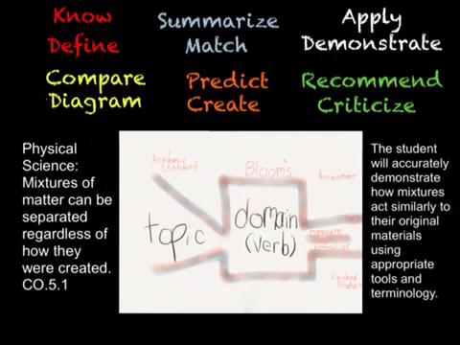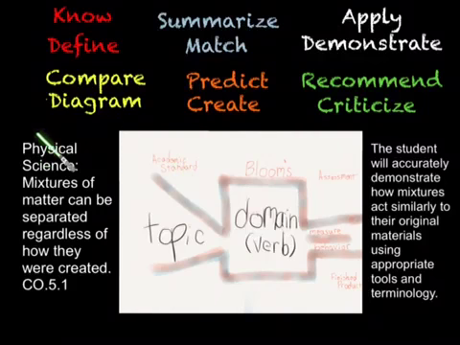Creating objectives using Bloom's taxonomy is kind of like this machine. If we input a topic, this topic comes from the academic standards. So in Colorado, 5th grade's physical science standard, mixtures of matter can be separated regardless of how they were created.